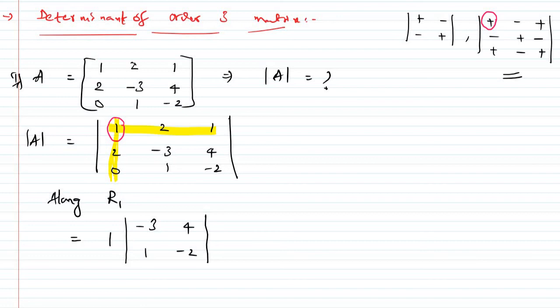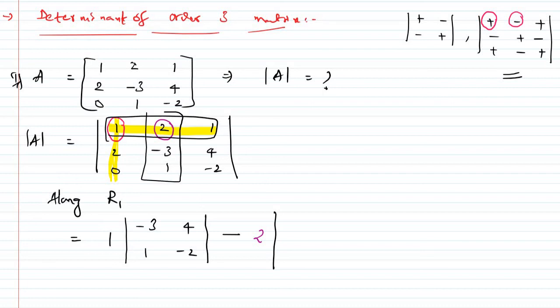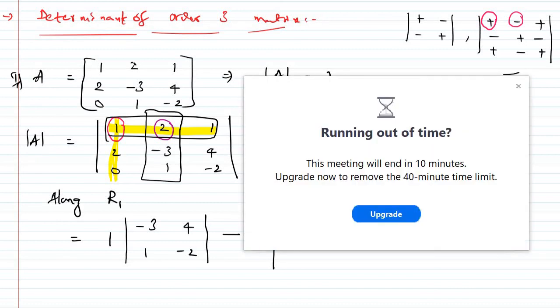The next sign is minus, so we take minus. The second element is 2, so we write 2 into the determinant obtained by deleting the row and the column along with 2.